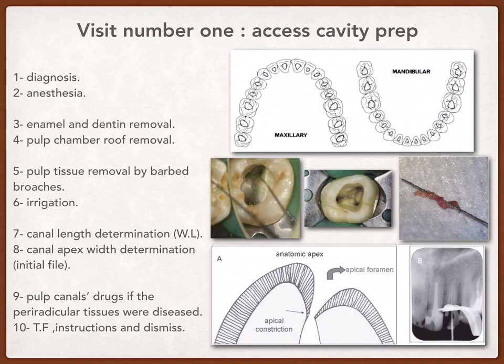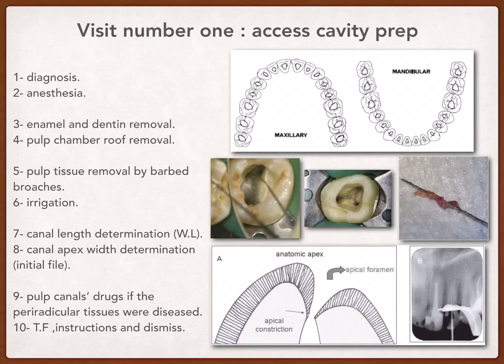After that, we should remove the pulp chamber roof, and as you can see here in these middle pictures to the left, we should remove the roof of the pulp chamber until we can see this gray or dark part of the tooth, which is the white part of the tooth, but because it is surrounded by bone, it becomes dark.